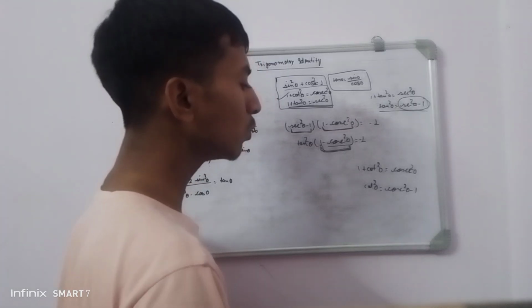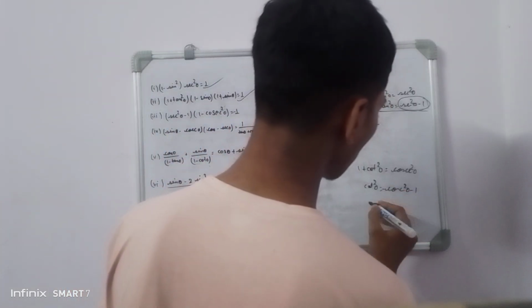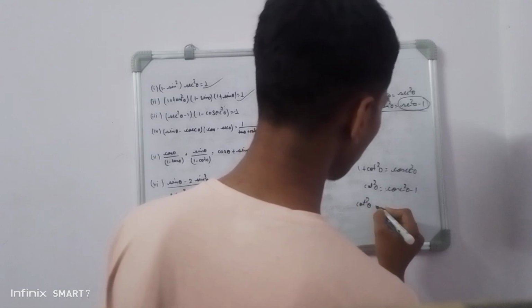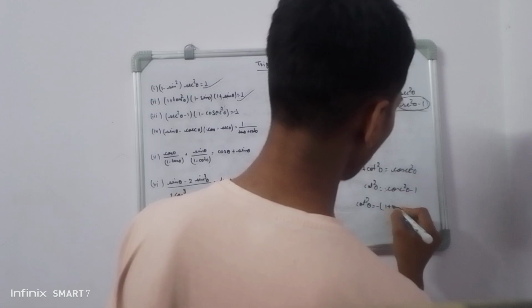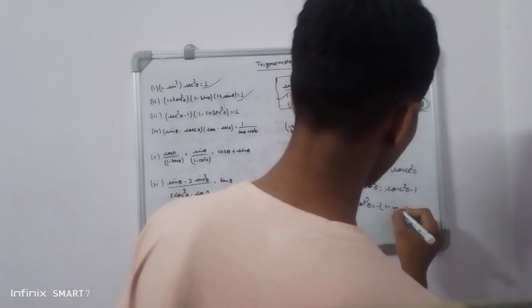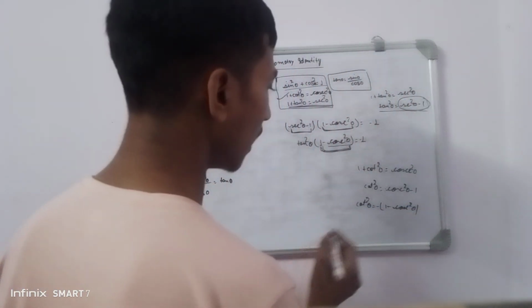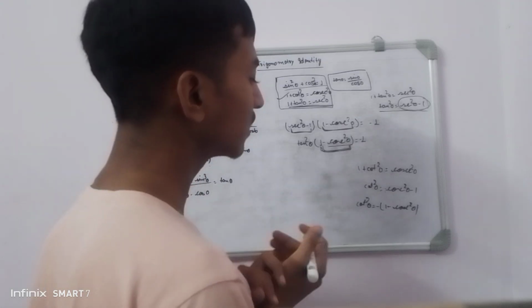So what will you do? If you take the minus as common, then it becomes 1 minus cosec square of theta. When you take the minus as common, it becomes like this.